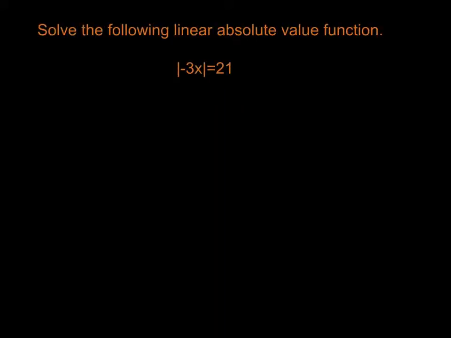Let's practice solving linear absolute value functions. Recall that the input can be any value, both negative and positive. So when we go to solve the absolute value of negative 3x equals 21, we must look at both sides: when x is positive and when x is negative. First step is to look at the positive side.